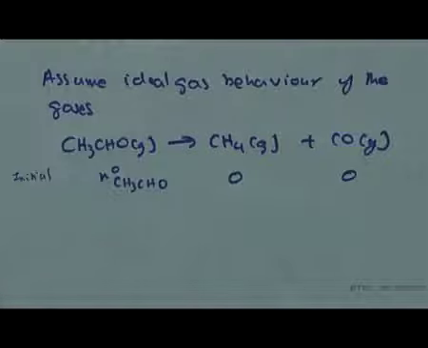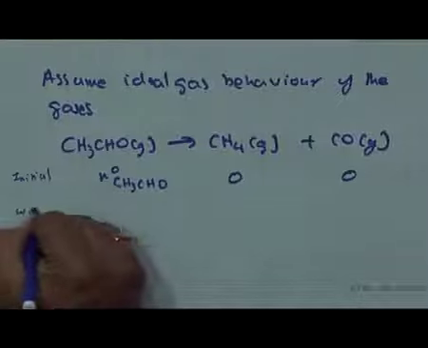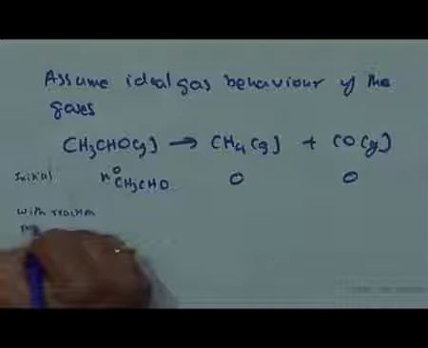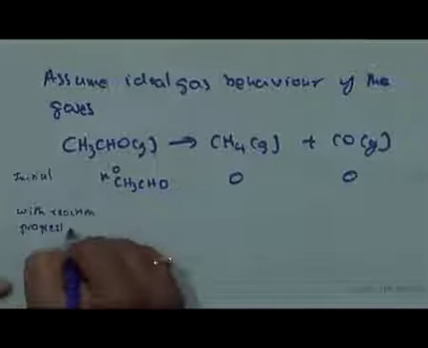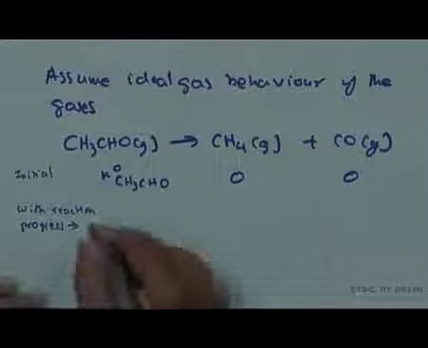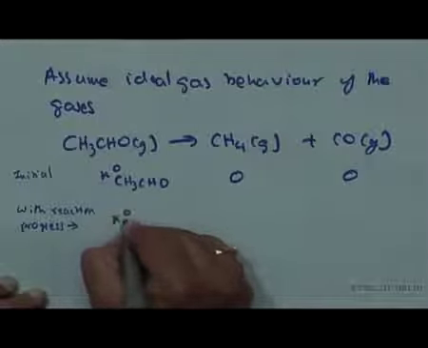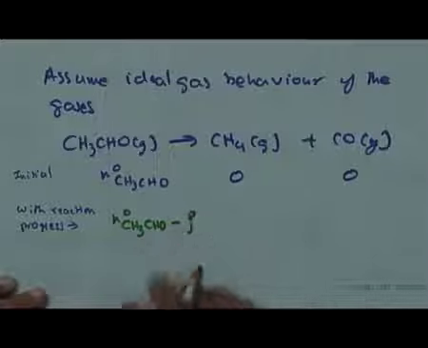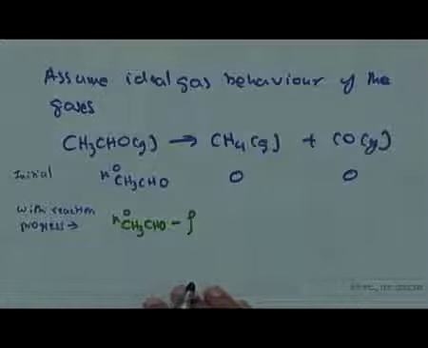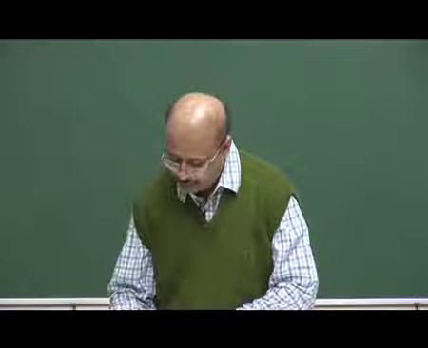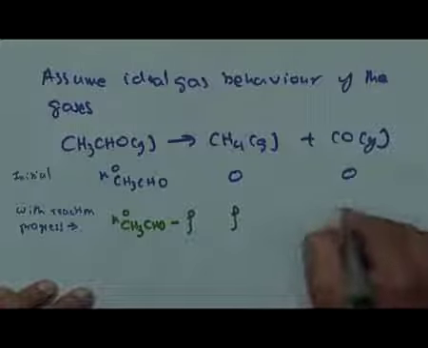Now, with reaction progress I can write N naught CH3CHO minus xi, xi being the extent of reaction or the degree of advancement of the reaction, which we just saw, then xi and xi.